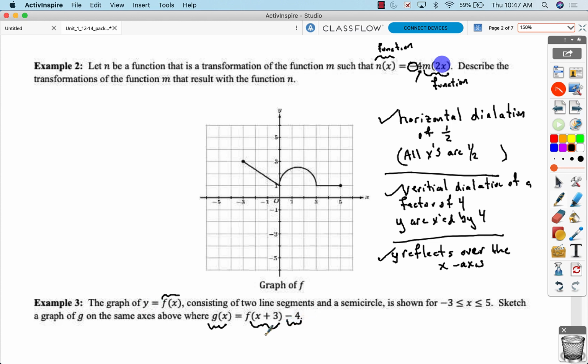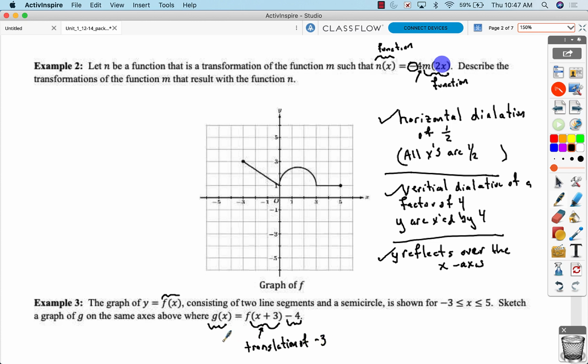So what this thing is, is a translation, that's what they called it earlier, or a shift of -3.